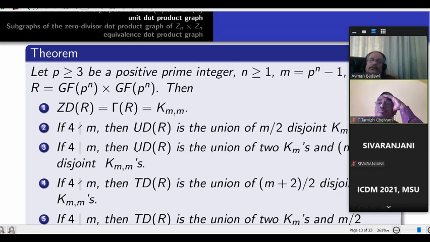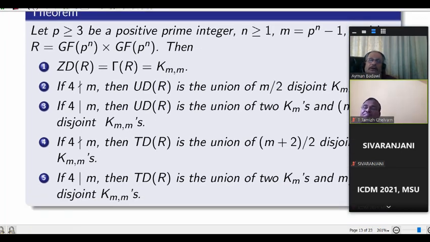In one of the cases, if 4 is not a factor of m, then the unit dot product will be the union of m over 2 disjoint complete bipartite graphs, and so on.